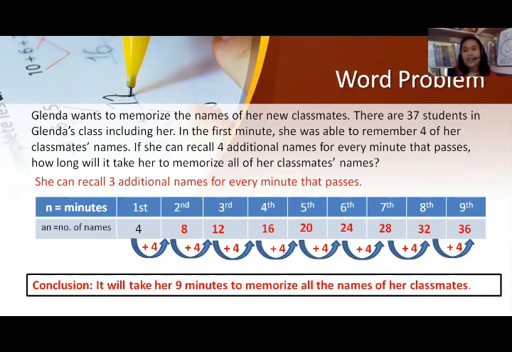So the next time that we're going to solve, if you find it difficult to understand or you would wish to have more examples on generating patterns, you can just contact me or message me right away so I can give additional examples for you guys. So that's it. I hope we have learned something today.